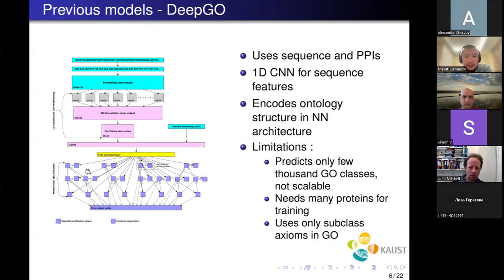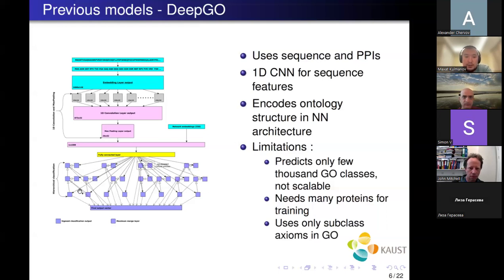And here in the classification part is where we incorporated the knowledge in GO. So we took the hierarchical structure in Gene Ontology and constructed this classification neural network where each node in this graph represents a GO class, and the structure of this graph represents the hierarchical relations in GO.